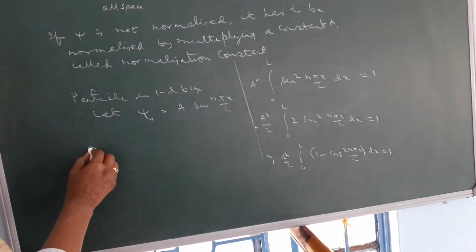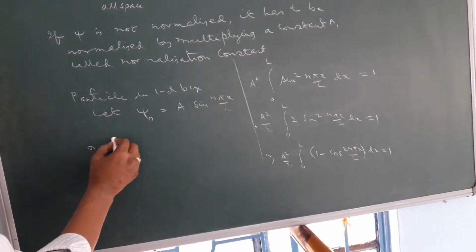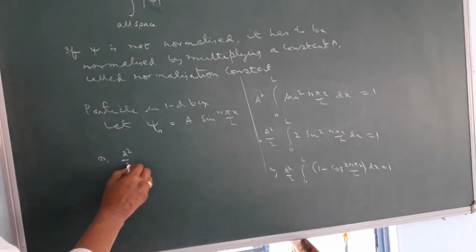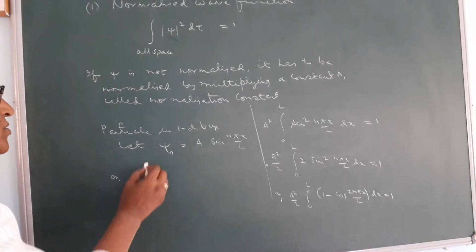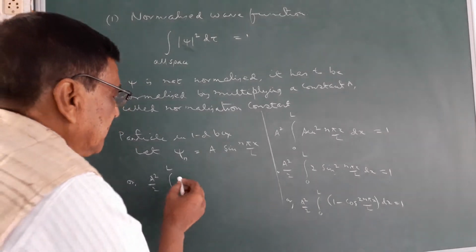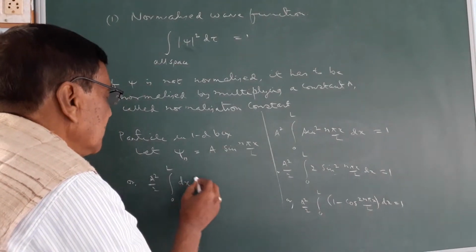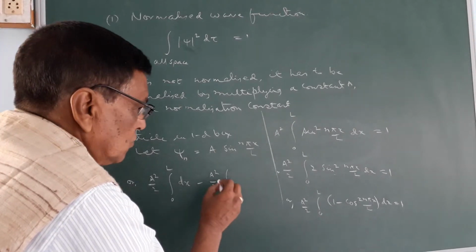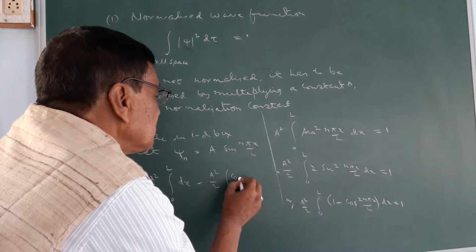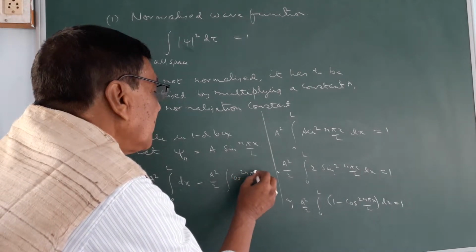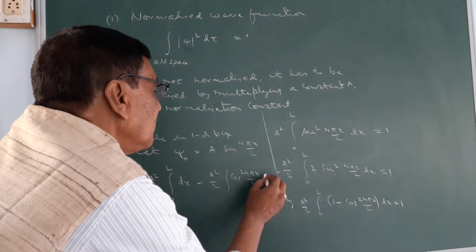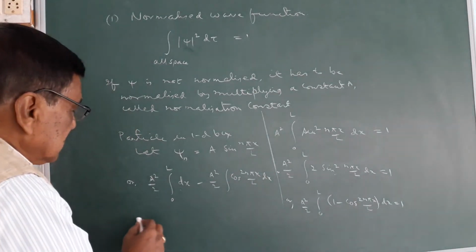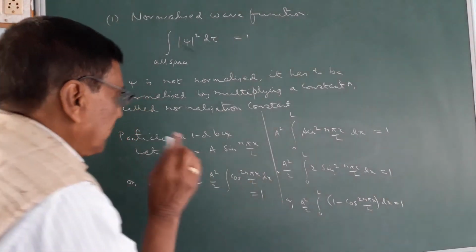Another step: A squared by 2 times the integral of dx minus A squared by 2 times the integral of cos 2 n pi x by L dx equal to 1.